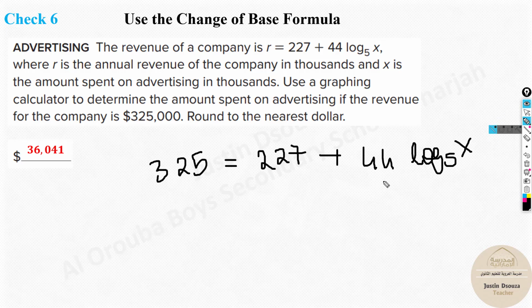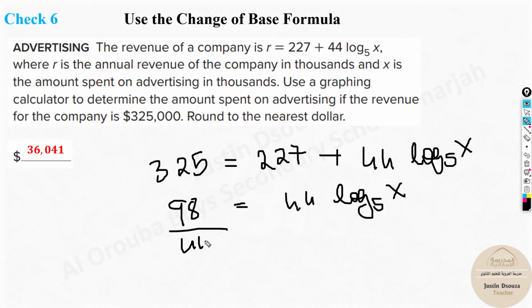If you're thinking how to solve this by writing, you can just take this to the other side. 325 minus 227, it'll be 98. Yeah, it'll be 98, I believe. Somehow my mind is not working properly now. Now then we have 98 equal to 44 log 5x, isn't it? So now divide both the sides by 44.